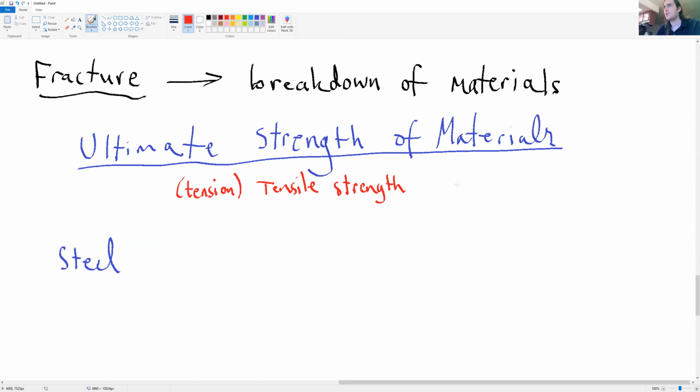So we have tensile strength, and then we have compressive strength. That's what they call it, right? Yeah, compressive strength.